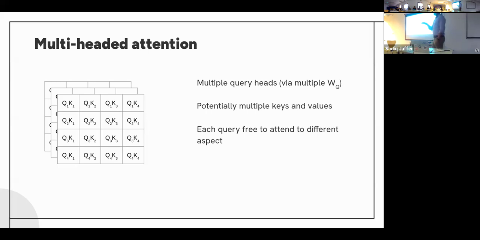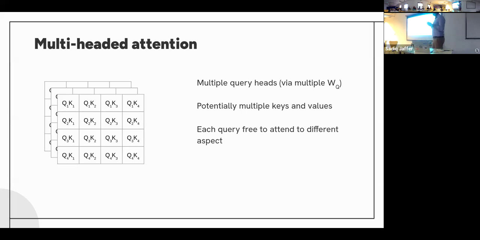And for optimization reasons, there are situations where you're fine having lots of query heads, but it's probably not a good idea to have so many unique sets of Ks and Vs, right? Because we need to cache them in order to make attention go fast, which we're not going to discuss. But just so you're aware, in multi-headed attention you will end up having multiple query heads and maybe multiple sets of keys and values, right?